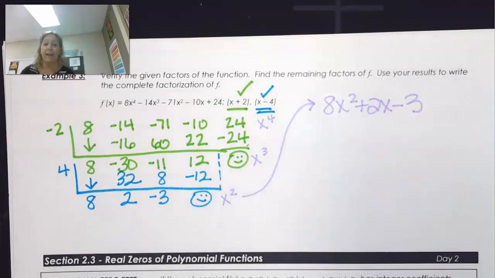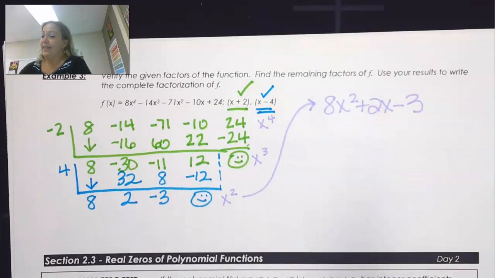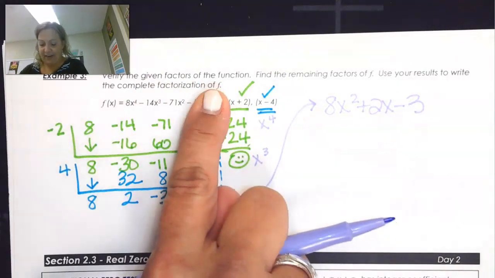And even if we can't factor a quadratic, if we wanted to solve, we can still solve quadratics using things like the quadratic formula. All right, so that's kind of why we use the depressed polynomial, because our goal is to get it to a quadratic so that we can eventually figure out what the other zeros will be in time, okay? So this asks us to verify the given factors of the function.